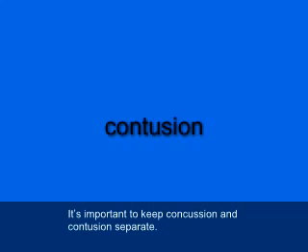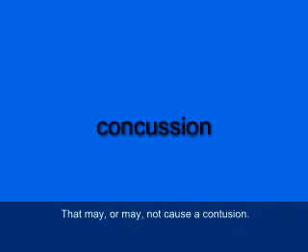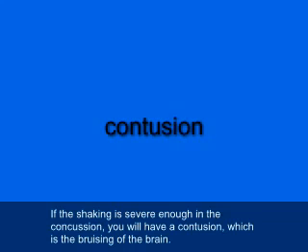It's important to keep concussion and contusion separate. A concussion is the shaking of the brain so that it can hit the inside of the skull. Now, that may or may not cause a contusion. If the shaking is severe enough in the concussion, you will have a contusion, which is the bruising of the brain.